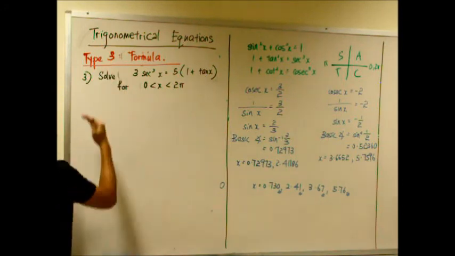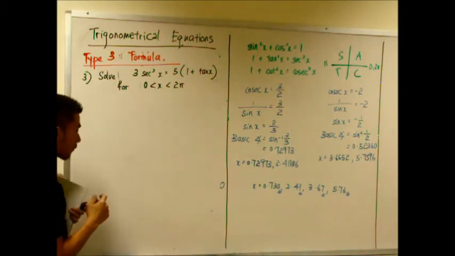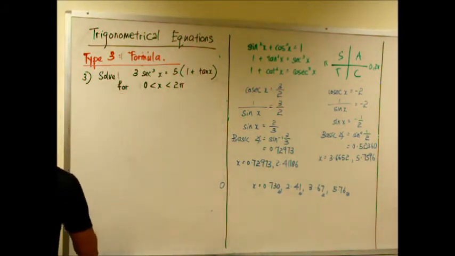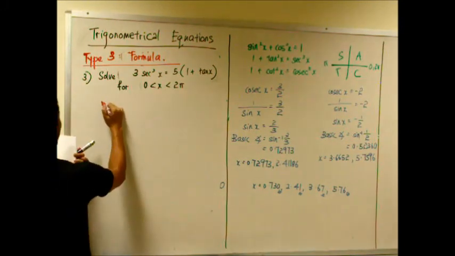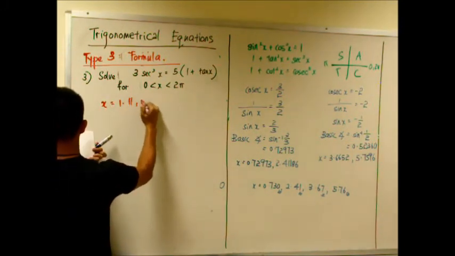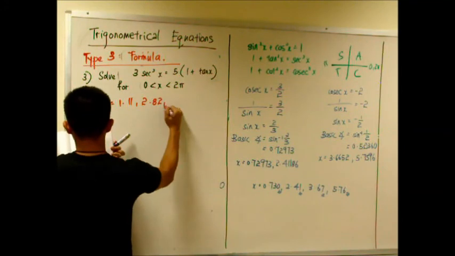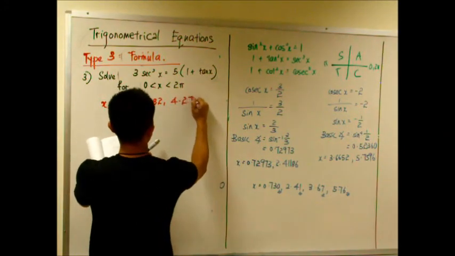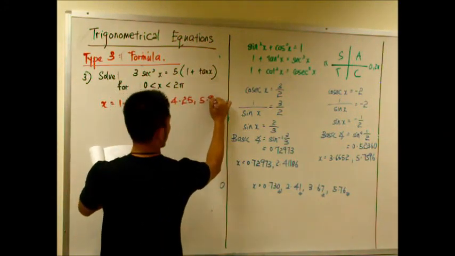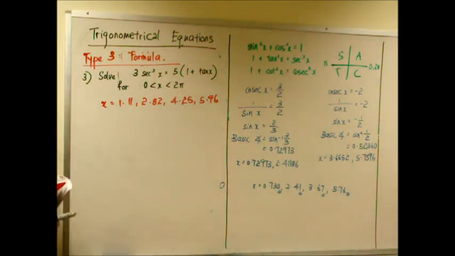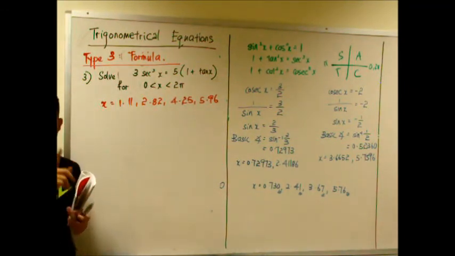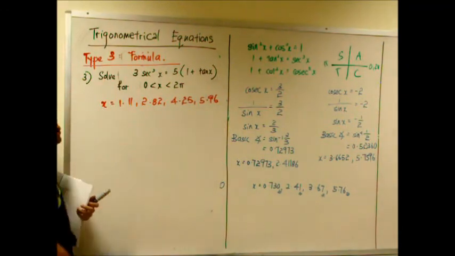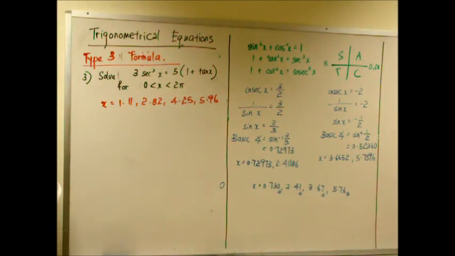Okay, obviously this is a type 3 question, make use of the formula. And if after solving, you are able to get this answer, congratulations, you are on the right track. And this concludes all kinds of questions for trigo equation solving. Thank you.